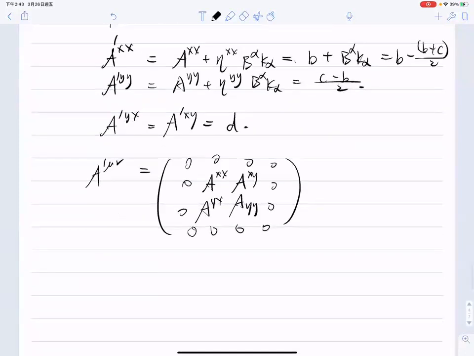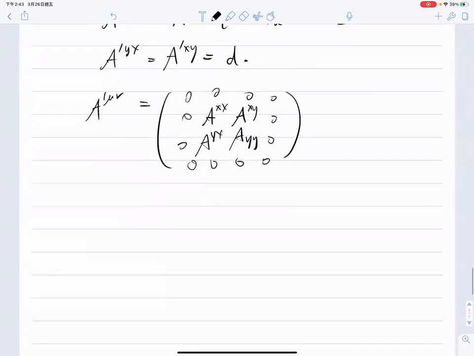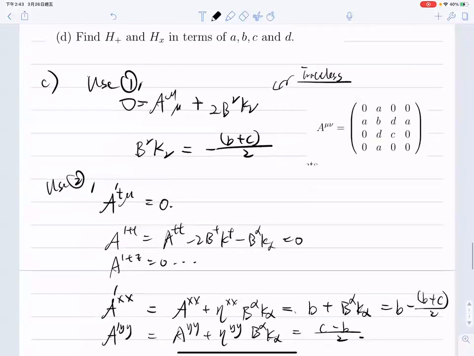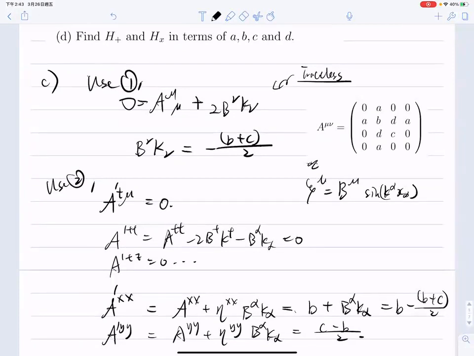This is the general gauge transformation, in order to make it the TT gauge form of the gravitational wave. Only left B minus, yeah. So we adopt this gauge transformation with the C equal to B mu sine K alpha X alpha, right? It's an arbitrary coordinate transformation.